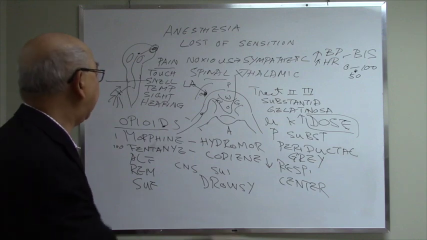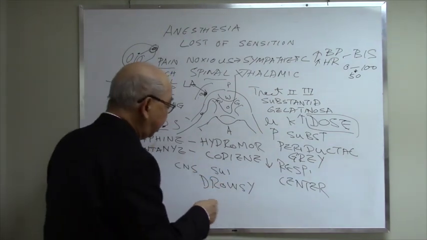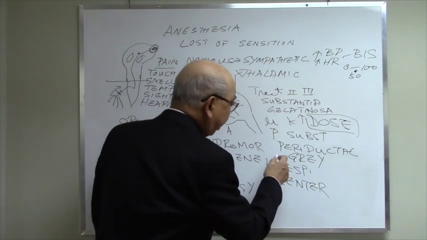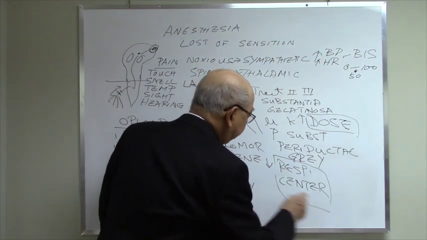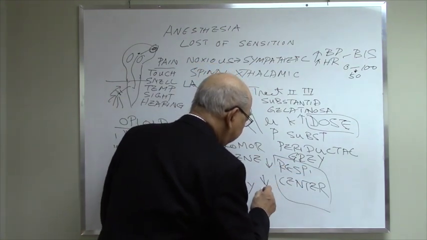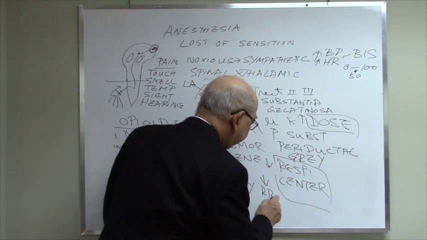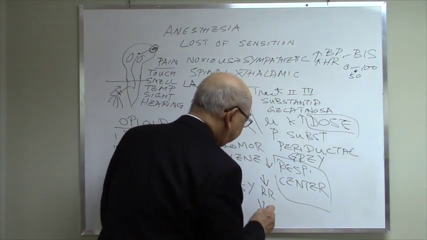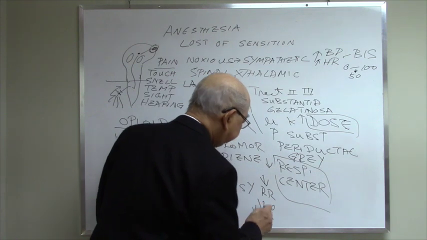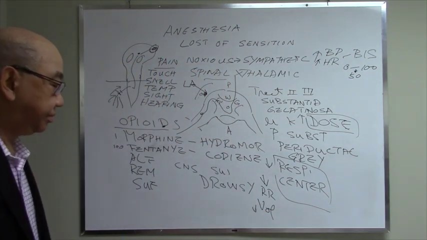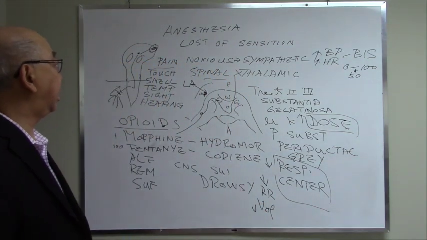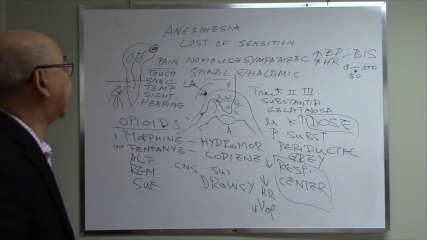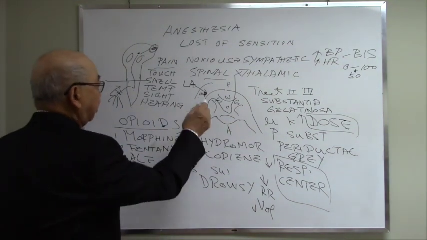So, giving opioid, you have to watch for sedation and respiratory depression. Usually, the respiratory rate goes down first before the tidal volume goes down. So, that's another way of losing sensation, but more specific.